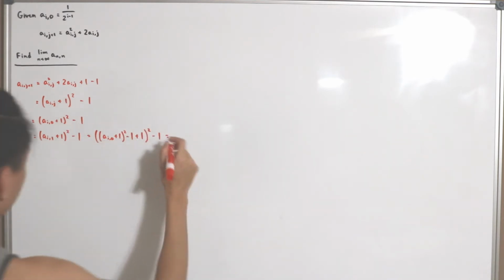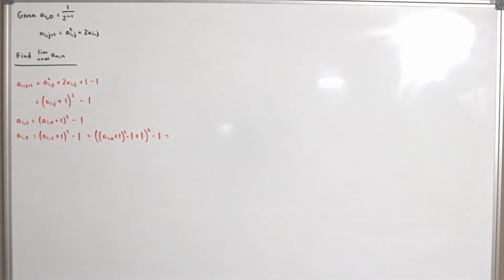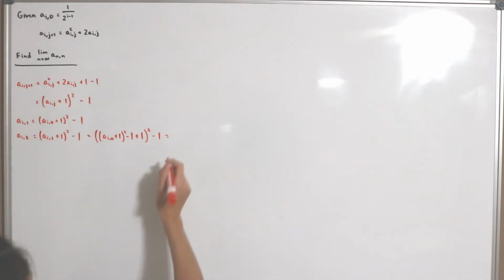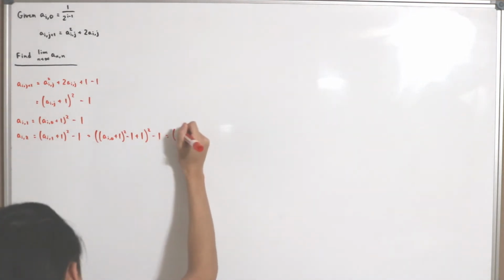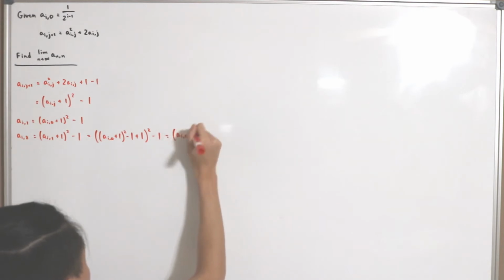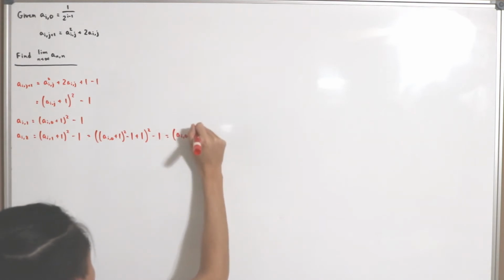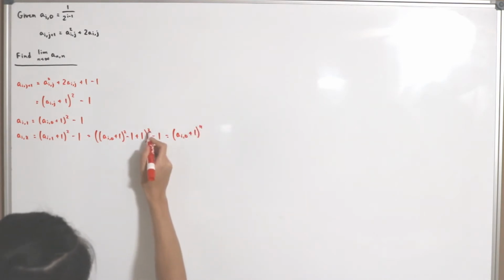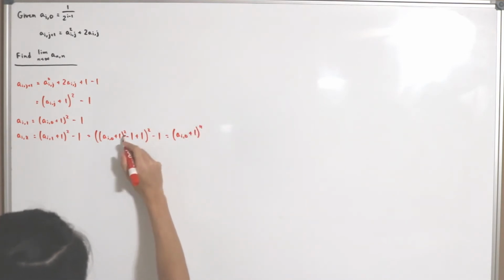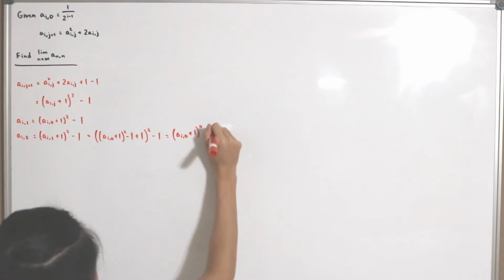So that means we get a sub i,0 plus 1 raised to the 4th, since minus 1 plus 1 cancels, so the power 2 just distributes to here, then minus 1.